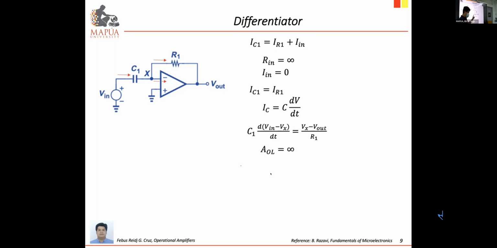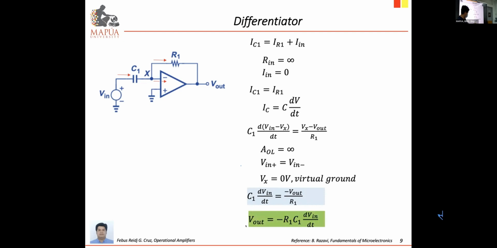And with very high gain, voltage at the positive is the same as negative. And so voltage at node X equals 0 volts. Applying that, you get C1 times change in input voltage over change in time equal to negative Vout over R1. And from there, Vout would be negative of the product of R1 and C1.